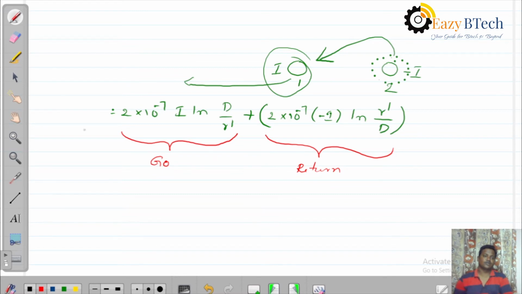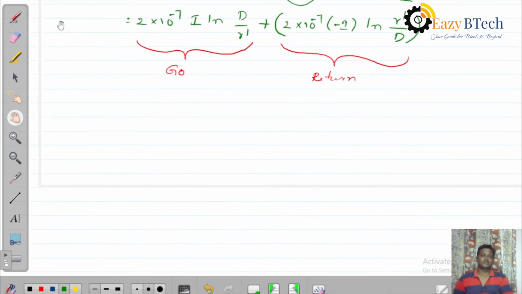Therefore, what you get finally, the expression becomes 2 into 10 power minus 7 I ln d by r dash minus 2 into 10 power minus 7 ln r dash by d.